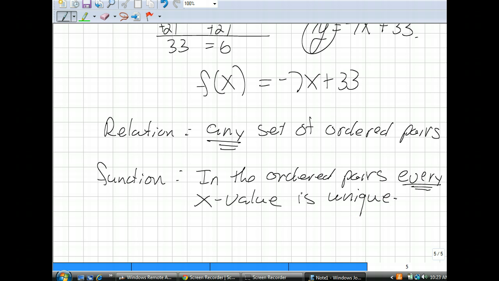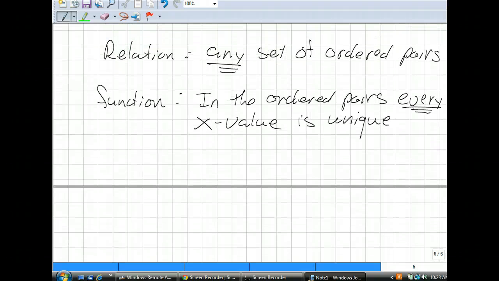So for a relation to be a function, a relation is the bigger set and functions are the more specialized set. For a relation to be a function, every set of ordered pairs has to have a unique x value.